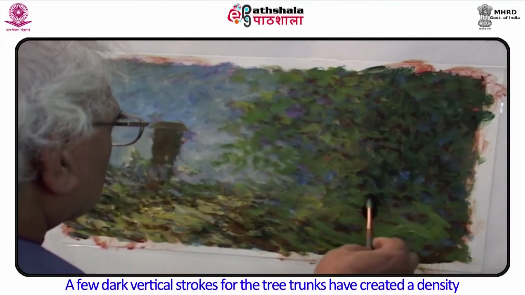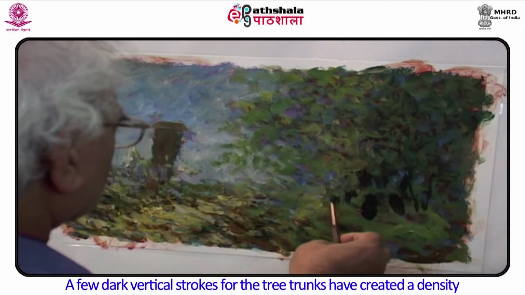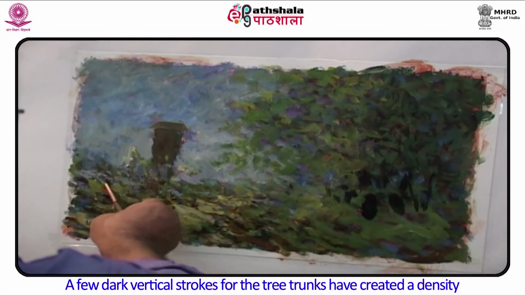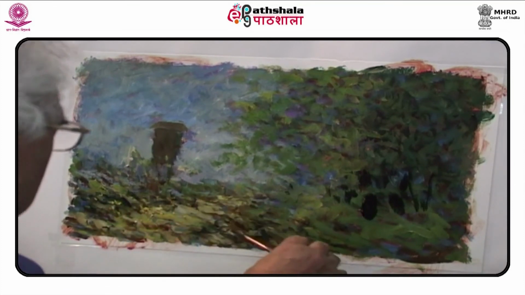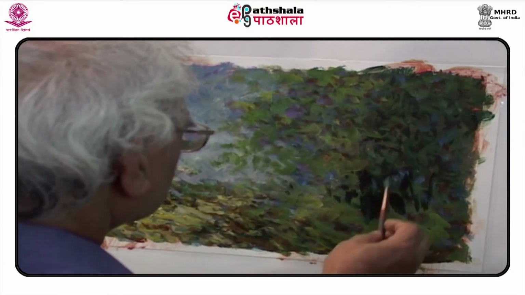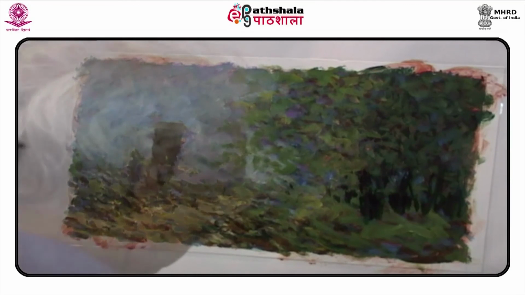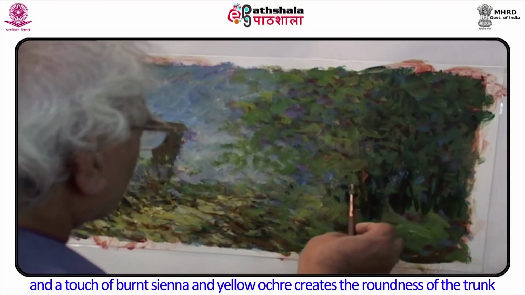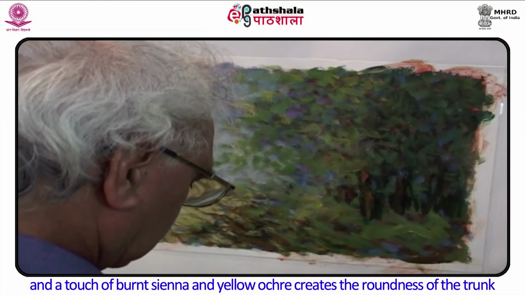A few dark vertical strokes for the tree trunks have created a density, and a touch of burnt sienna and yellow ochre creates the roundness of the trunk.